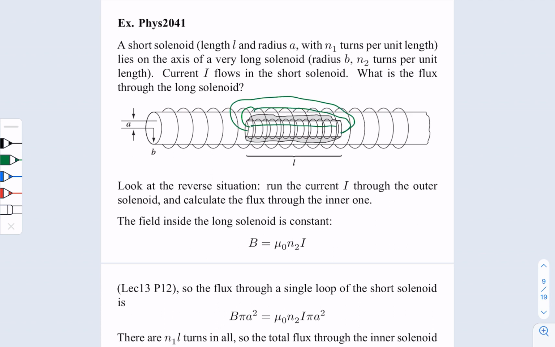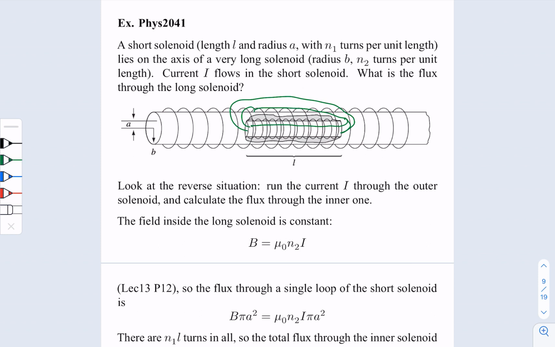It's uniform inside, but it has a very complicated shape once you go outside of this solenoid. So if you want to calculate the total flux in this long solenoid, then it's an extremely complicated calculation, right?